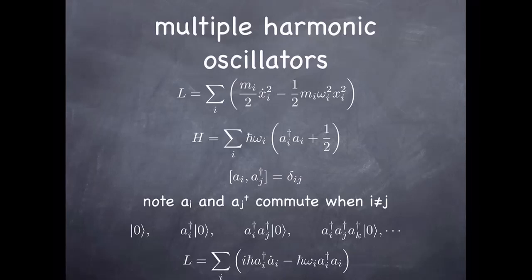They no longer commute, but they anti-commute, namely A dagger I, A dagger J plus A dagger J, A dagger I is 0. So if you move one piece to the other side of the equation, you find A dagger I, A dagger J equals negative A dagger J, A dagger I. And that's the minus sign you want.